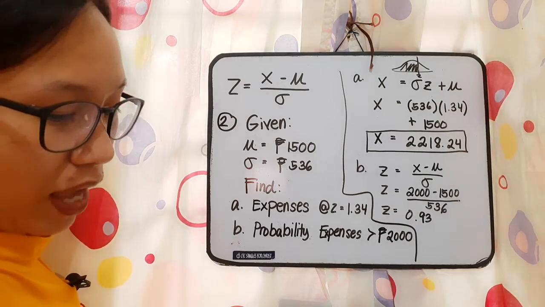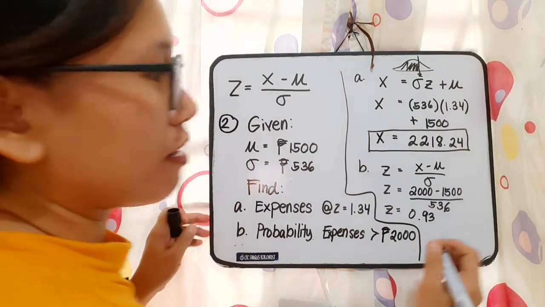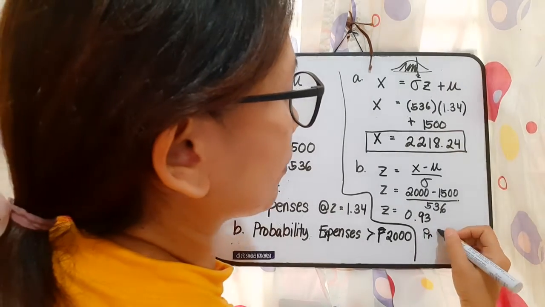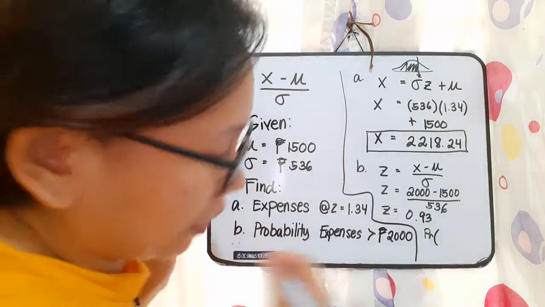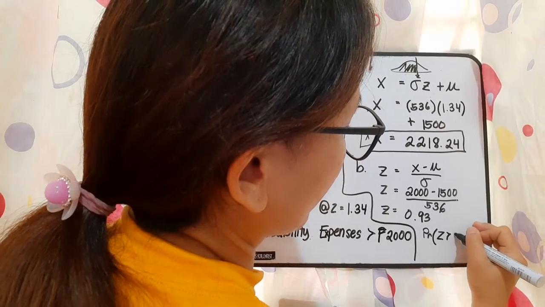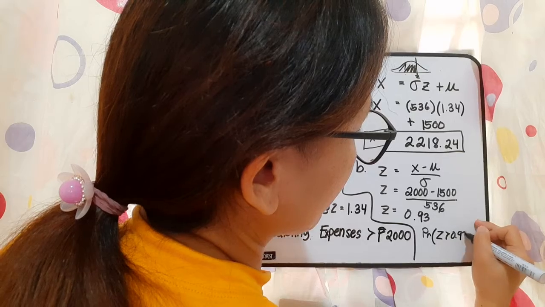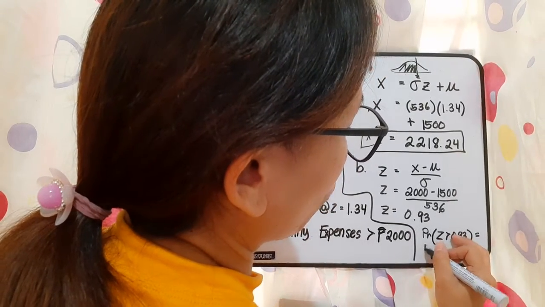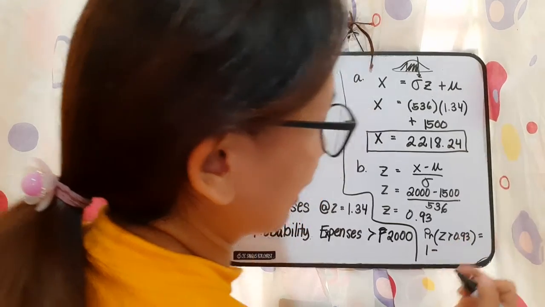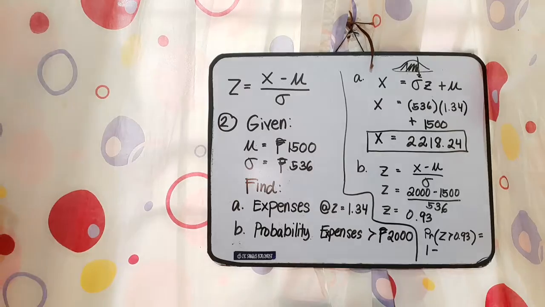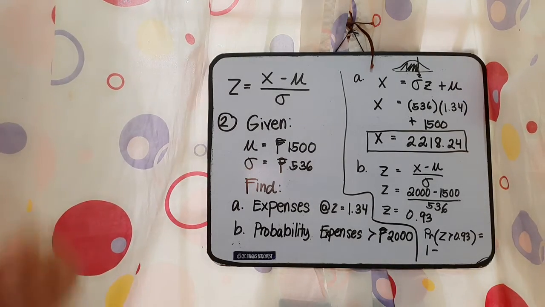So if you're going to find the probability at z greater than 0.93, we are to find 1 minus, what is the z value at 0.93?